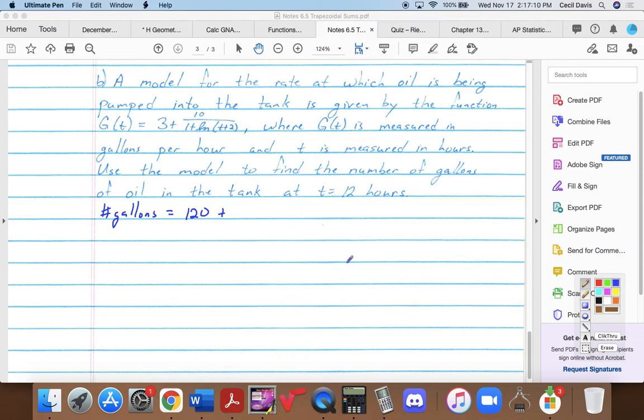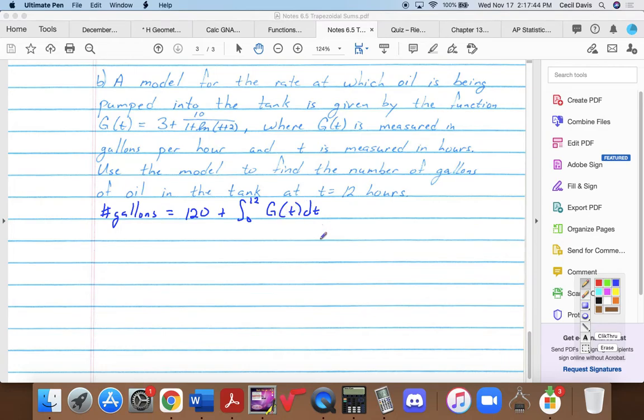What can we do to the rate of change to find the total change? Approximate it. Integral. Yes, we can do the integral. The integral of a rate of change, and to save time, I'm just going to write g of t dt. By the way, you can do that on the AP exam or on my tests or quizzes because it's already been identified. You don't need to write all that out.